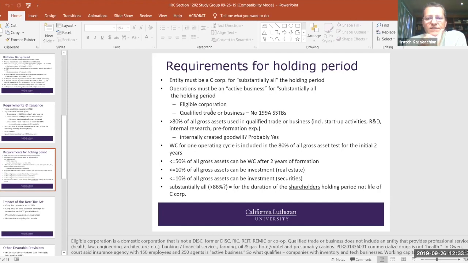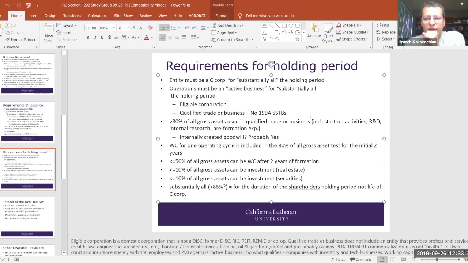There are two requirements for an active business. The entity has to be an eligible corporation. This one is fairly easy. An eligible corporation is a corporation that is not a DISC, a former DISC, a RIC, a REIT, a REMIC, or a co-op. Okay?